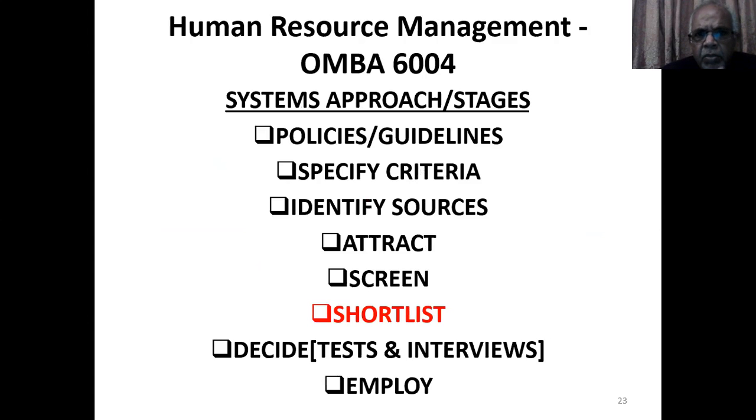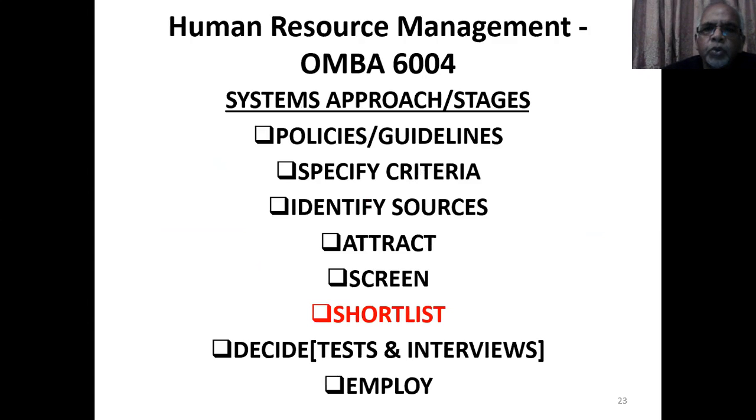So there are a number of policies and guidelines that we have to establish to guide us in the recruitment and selection process. We also have to specify the criteria, that is, what are the attributes, the characteristics that we are looking for in the candidates for the available vacancies.